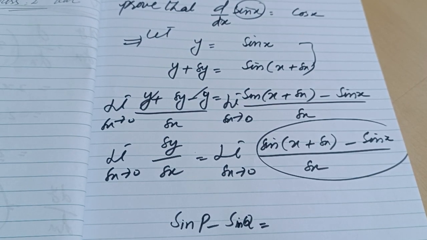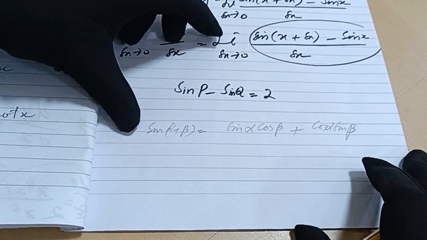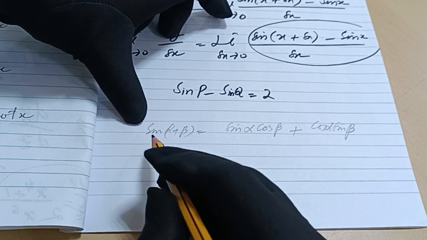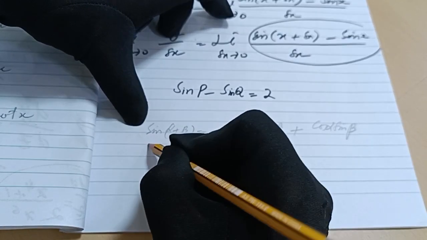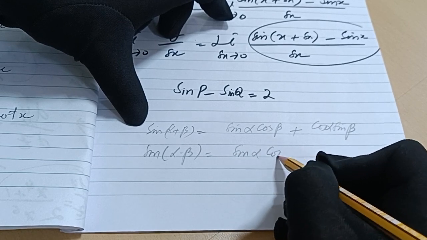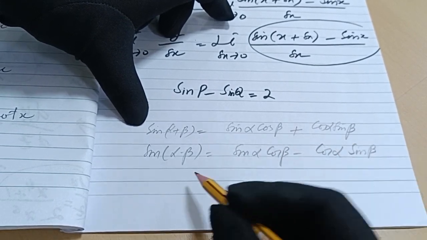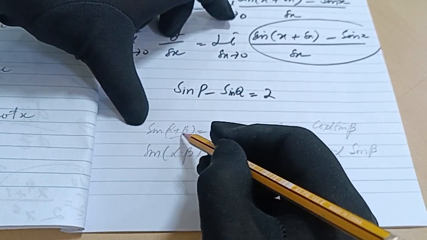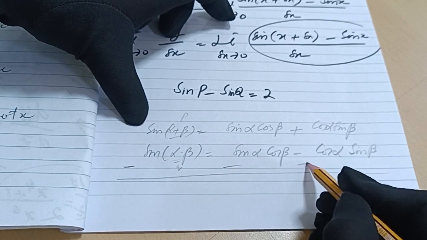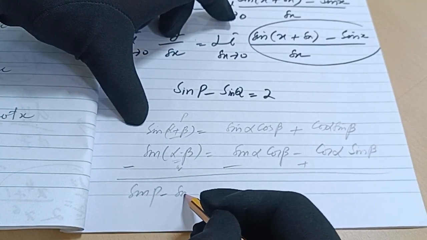If you forget the identities, you can keep the reference that sine of alpha plus beta is equal to sine alpha cos beta plus cos alpha sine beta, and sine of alpha minus beta is equal to sine alpha cos beta minus cos alpha sine beta. We have to subtract because this is kept as p and this is kept as q.